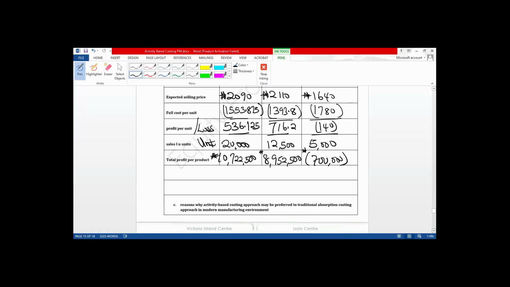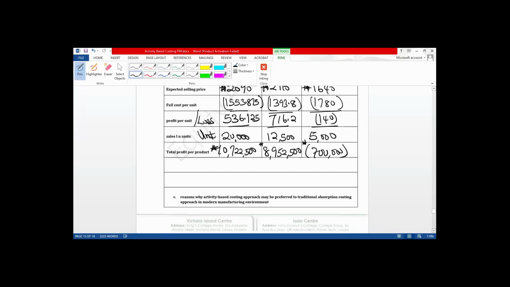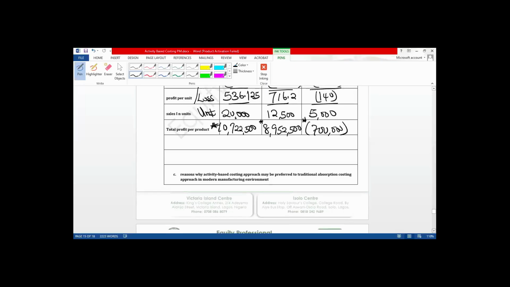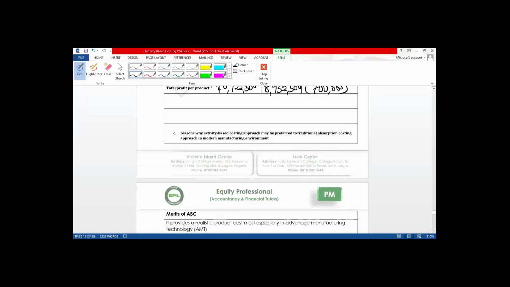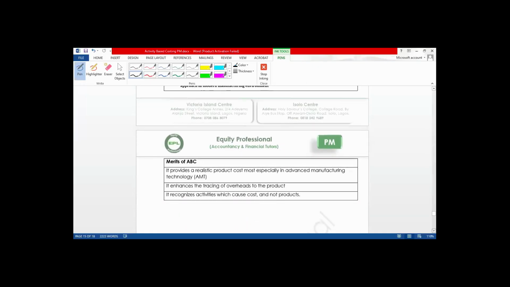Activity-based costing provides a realistic product cost, most especially in advanced manufacturing technology. Number two, it enhances the tracing of overhead costs to the products.